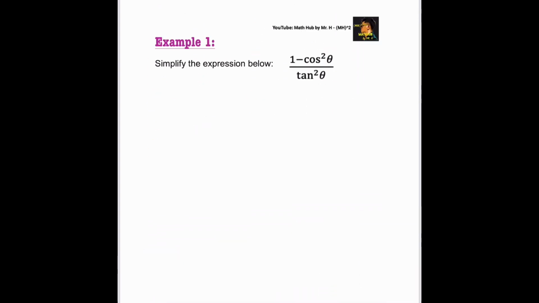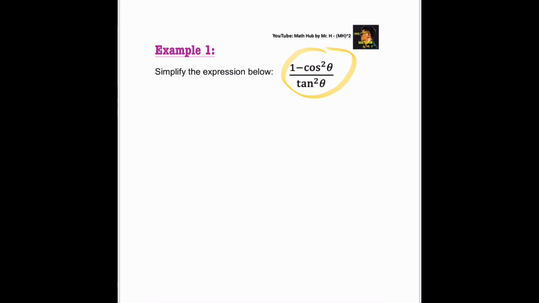Example 1, we need to simplify the given expression here. So we were given 1 minus cosine squared theta divided by tangent squared theta. All right, so aside from mastering the fundamental identities that we went over earlier, there are a couple of things that you also need to remember when simplifying trigonometric expressions.